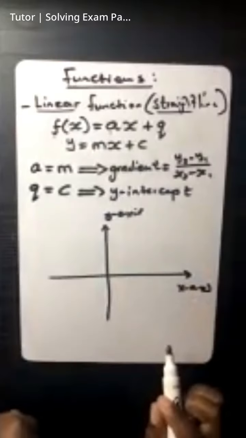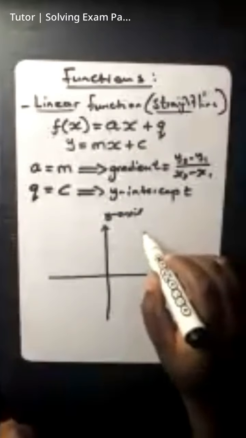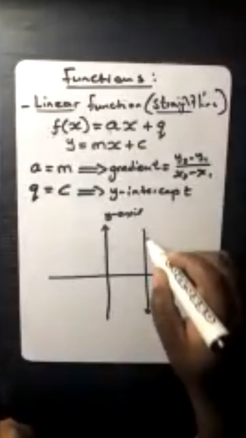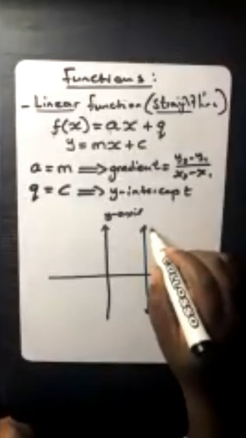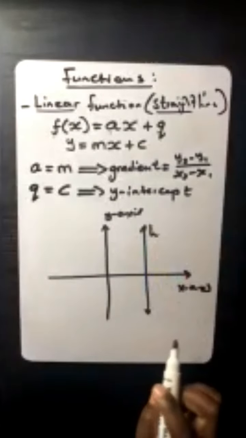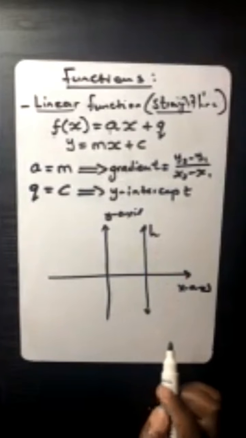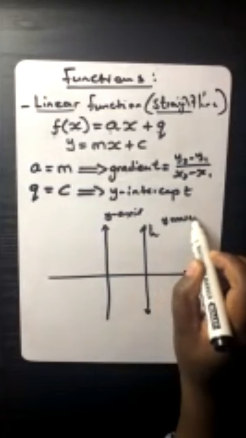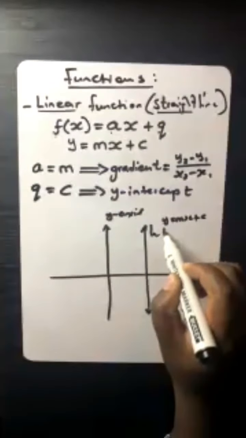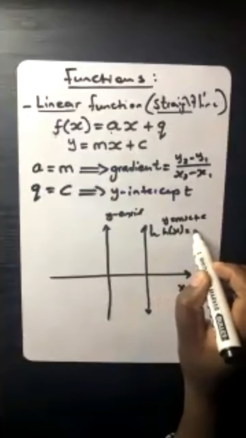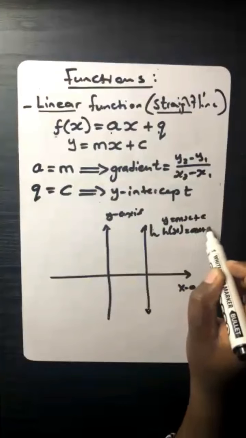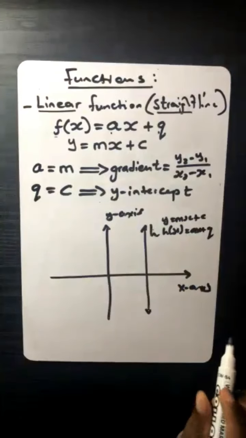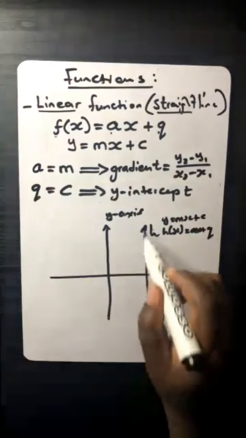Okay, so now let's have a look at a situation where we've got that one being the graph of h. So let's make comments on that one. So remember, it's y is equals to mx plus c. Otherwise, it's going to be h of x is equals to ax plus q. So what is m in this case?